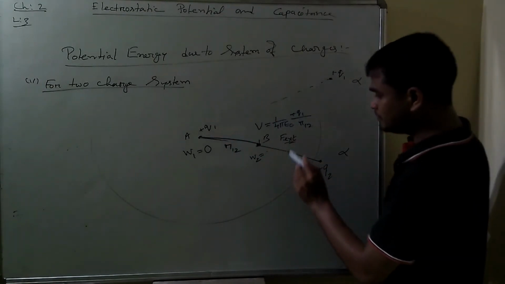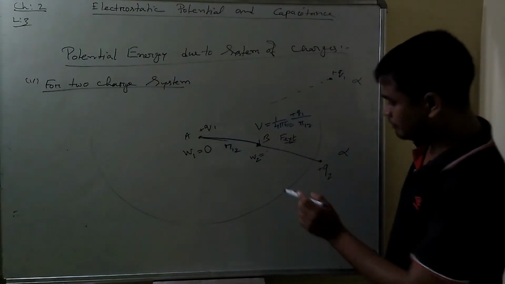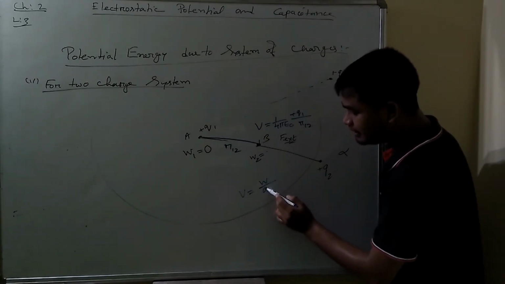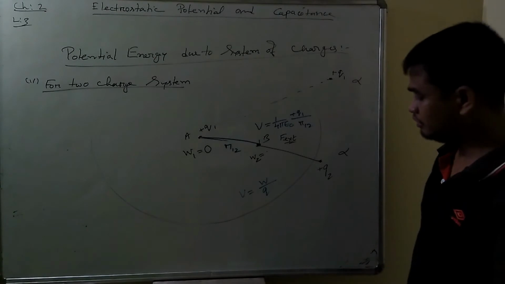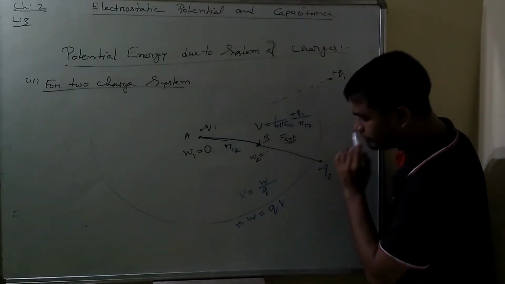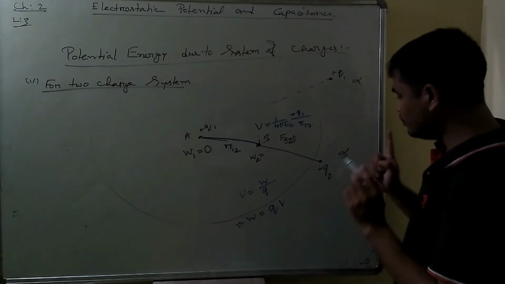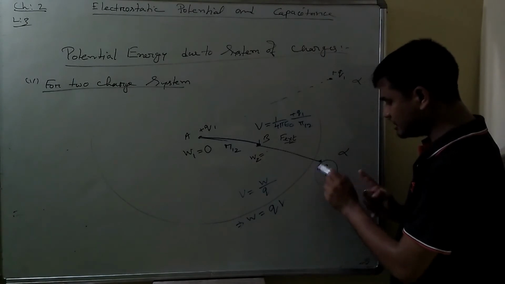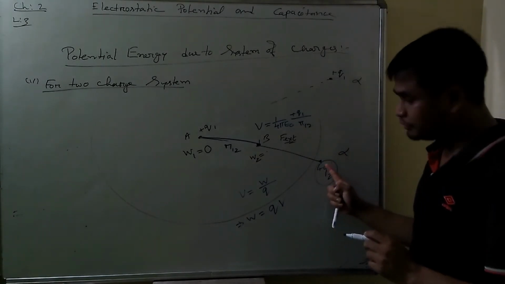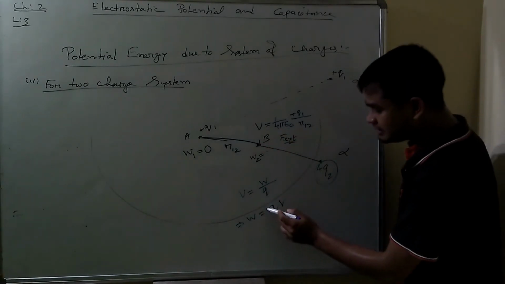Clear? So here we have to find the work done. We know that potential is work done by charge, so work done is equal to Q into V. Clear? So we brought this Q2 charge to the point B. So what will be the charge here?